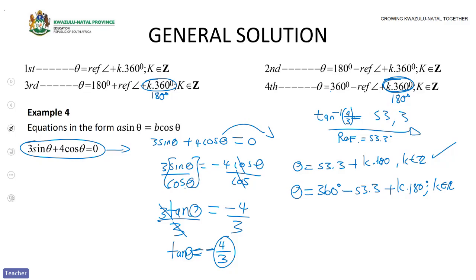So these will be our general solutions for that equation, where we were required to change and use a single trigonometric ratio. Let us move to the next one.